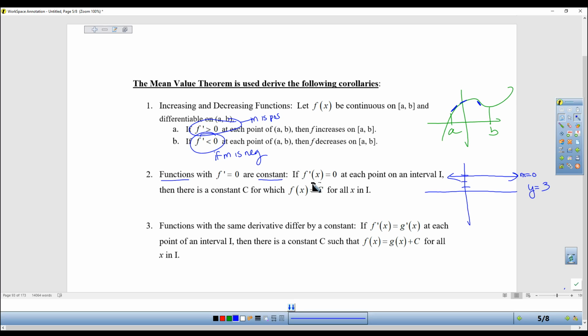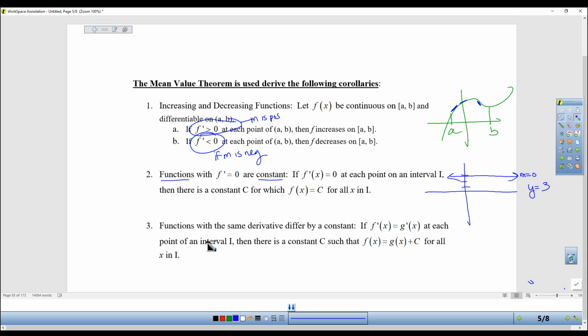And if the derivative is equal to 0 at every single point, then there must be a constant c for which f of x is equal to c. Yeah, I got that, right? Y is equal to 3. So I just love this. I just love that somebody decided to make these things called corollaries when they're just so obvious.